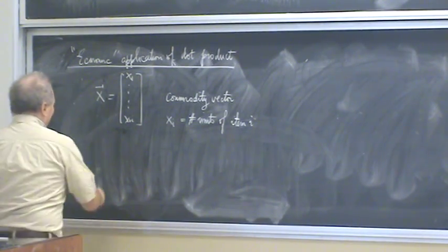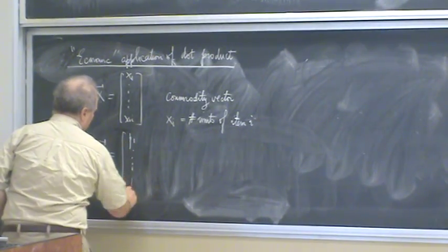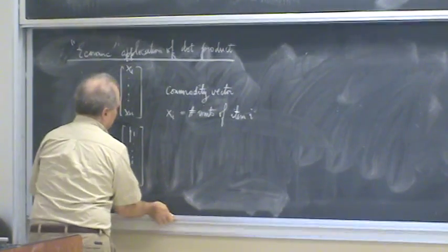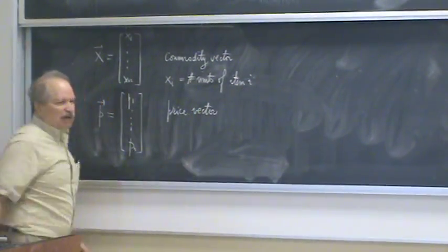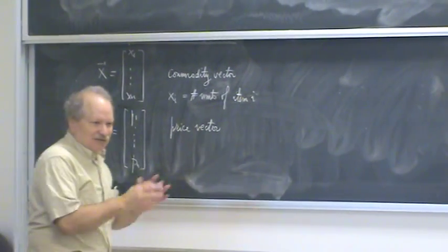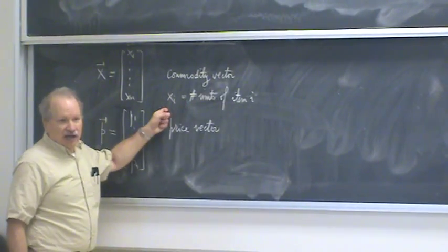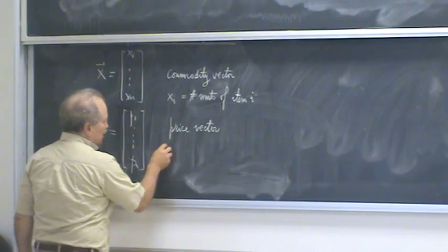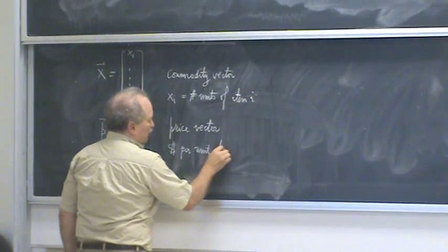Prices. So I need a price vector, which tells me how many dollars, or euros, or yen, whatever, each unit of item i costs. So this is going to be dollars per unit for item i.